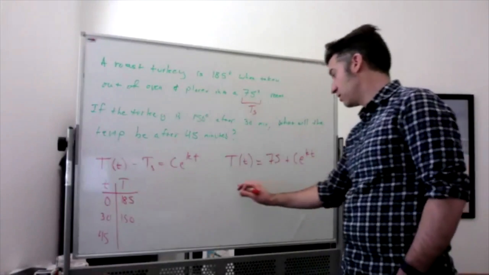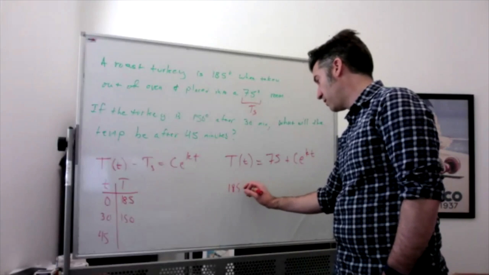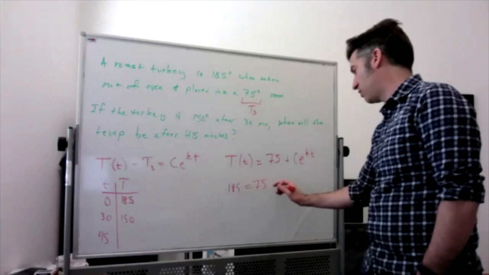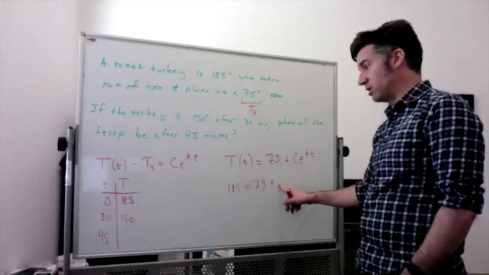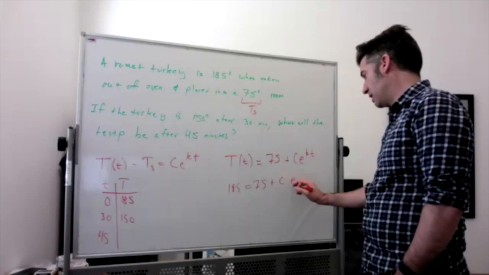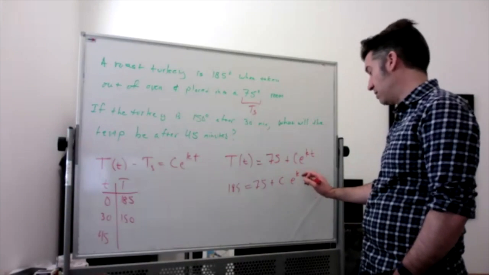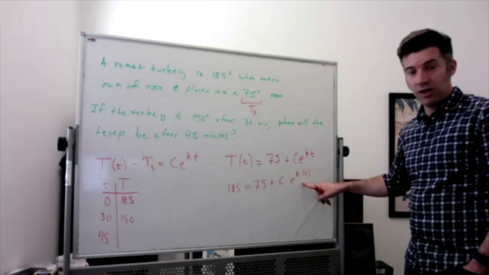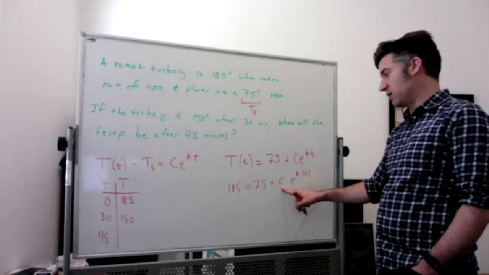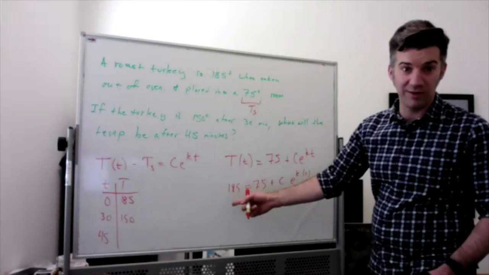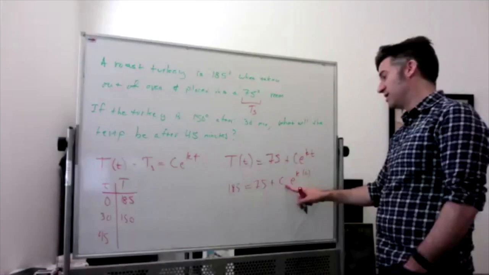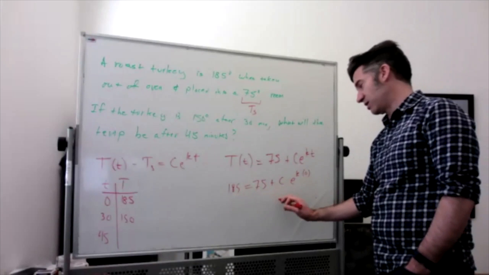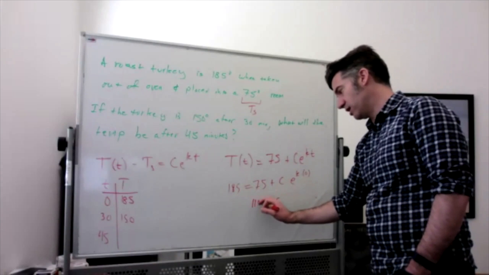So 185 equals 75 plus C, which we don't know yet, e to the K times 0. This is e to the 0, which is 1, so C times 1. C is equal to 185 minus 75, which gives me C equal to 110.